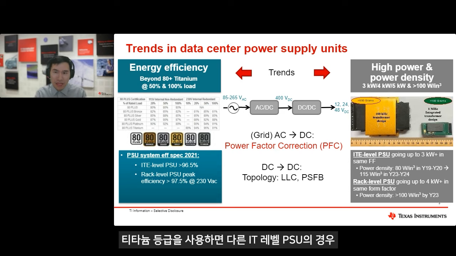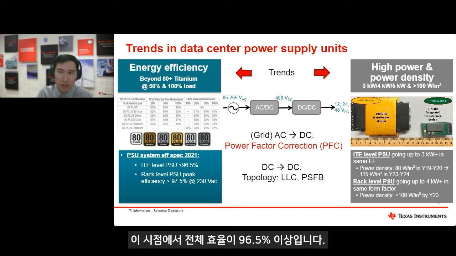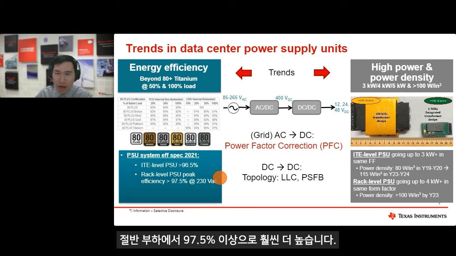With titanium grade, the PSUs are shooting for more than 96.5% overall efficiency at this point for all the IT level PSUs. And for the rack level, this kind of requirement is even higher, with more than 97.5% at half load.